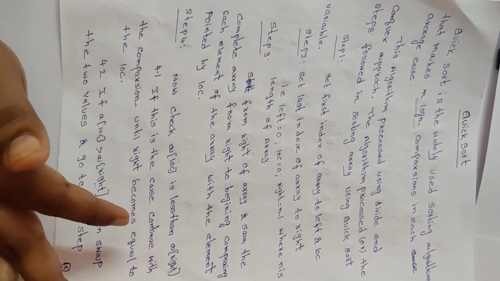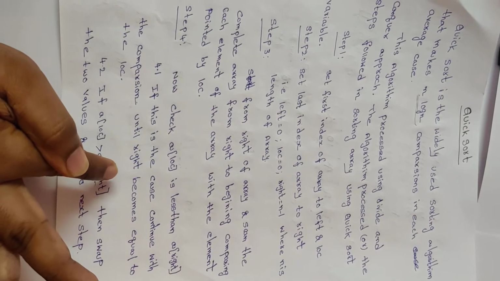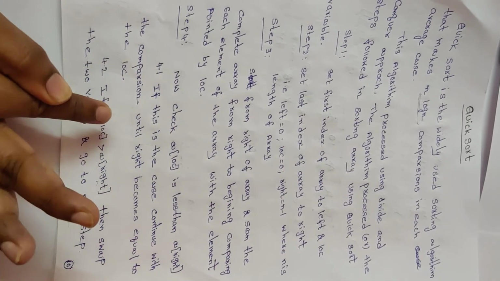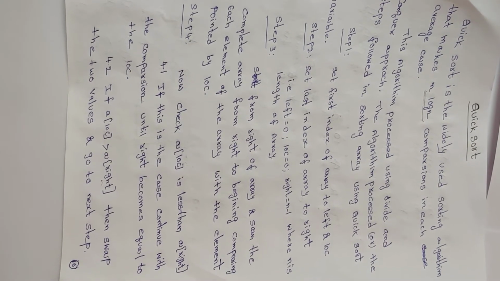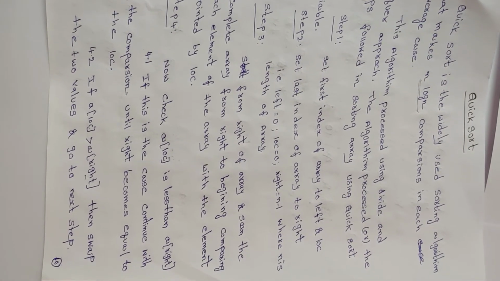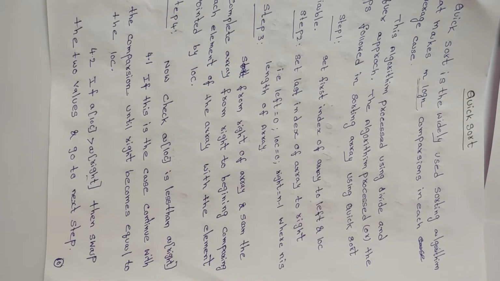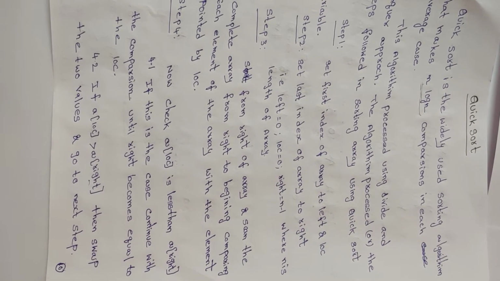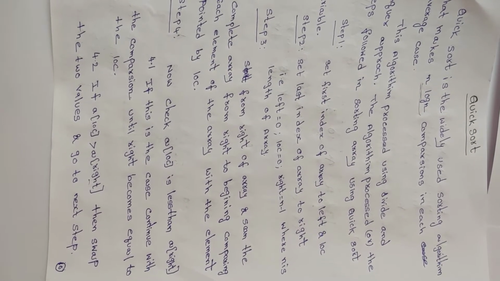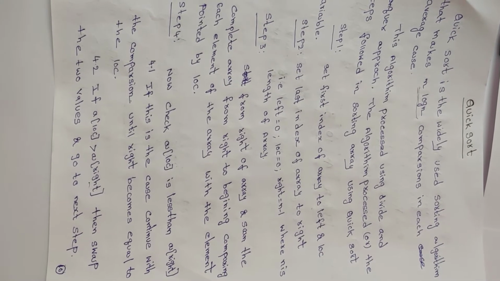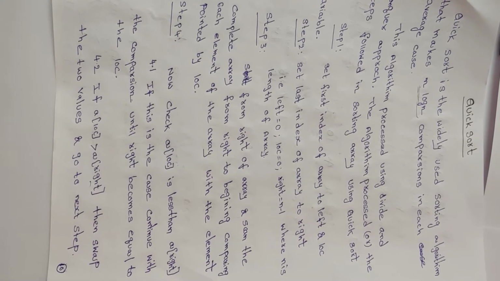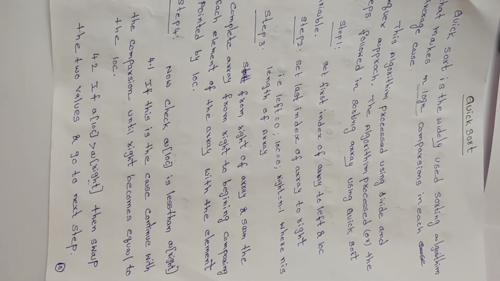If it is less, we continue the comparison. If a of 0 is less than a of 5, then both elements are in sorted position, so no need to swap. We come to the next step: a4, suppose a0 less than a5 is true, then take the a4 element and compare with LOC. Like that we will be performing.